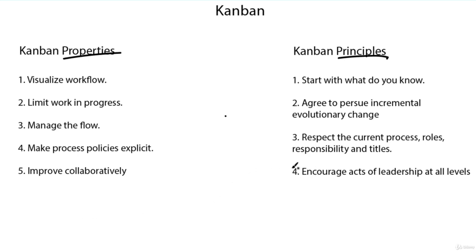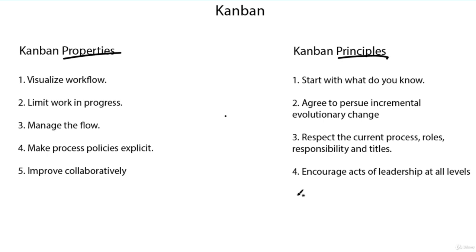And finally, this one is sometimes added, sometimes not, but I think it's important. Encourage acts of leadership at all levels. What this means is we want to encourage our lowest of workers the same amount as our highest of workers. The lowest of workers, meaning they're just coding, they're not doing a lot of the design process, they're just making changes. We want to make sure that they are being honest and forthright in the way that they're coding.